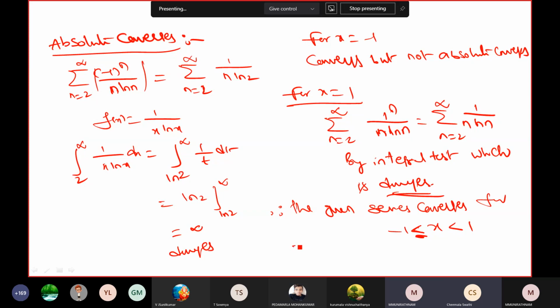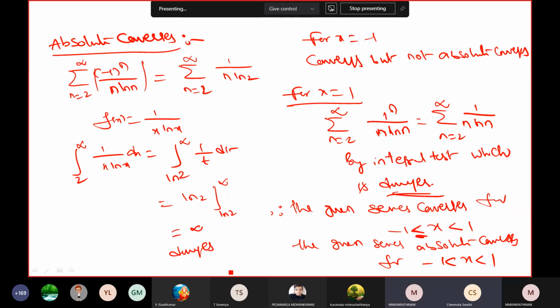The given series absolutely converges for -1 less than x less than 1.